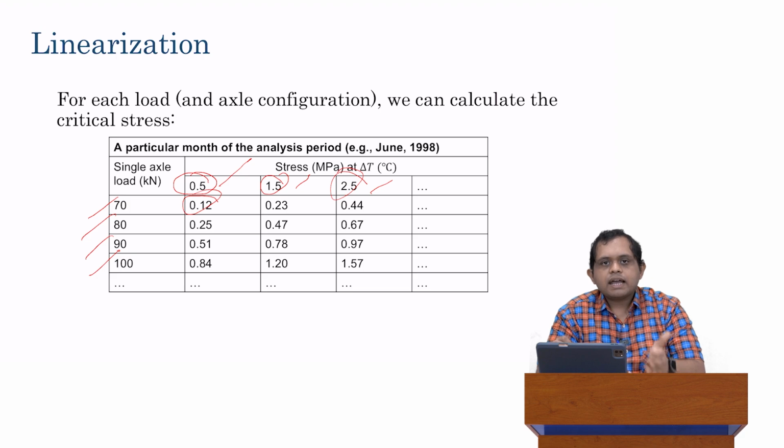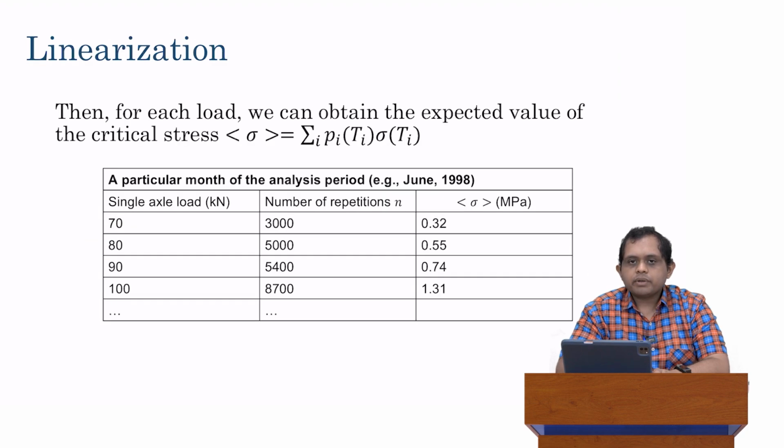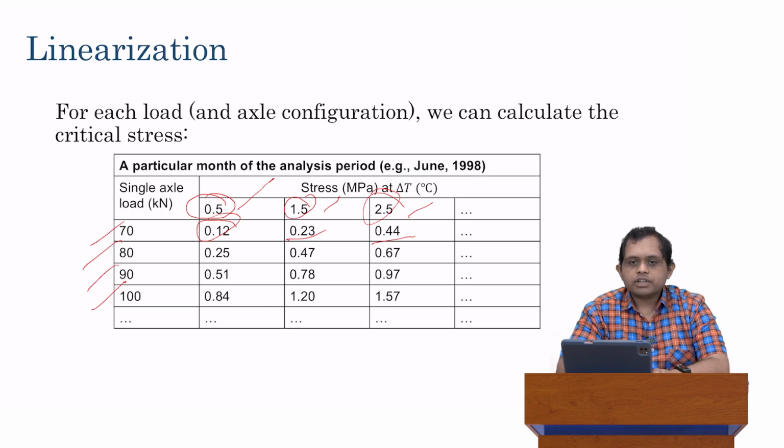We apply it, and in each case we get the critical stress out of our numerical analysis program. So the values might be notionally as I wrote over here. Finally, for each of these assumed linear temperature distributions, and for each of the axle loads in the spectrum, we can get the stress.